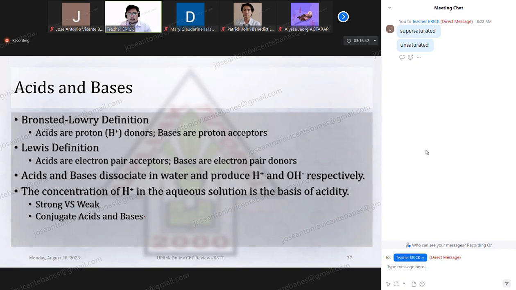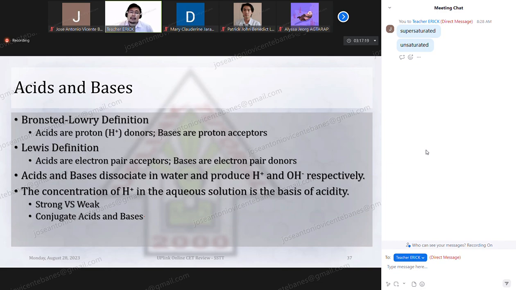acceptors. Okay. The Lewis definition now: acids are electron pair acceptors. So which means you don't have a proton, you don't have a hydroxide to begin with, but you have an electron pair that will be accepted. Since based on the Bronsted-Lowry definition, acids are proton donors, then they have to accept a pair of electrons.